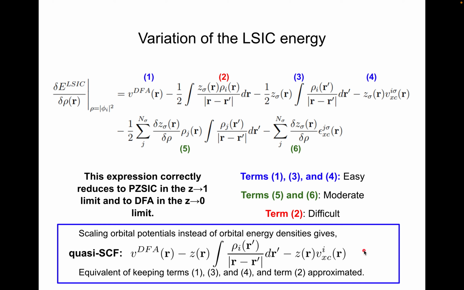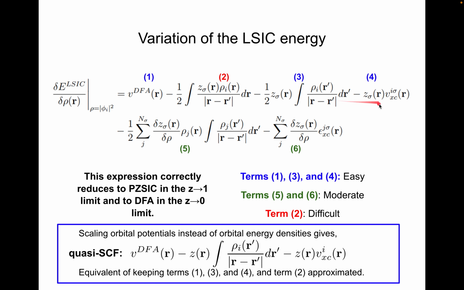Combining those self-exchange correlation and self-Coulomb terms, you get the variation of the LSIC energy with respect to the rho. And you obtain those 6 terms. The first term is the DFA potential. The second term is the scaled Coulomb term.